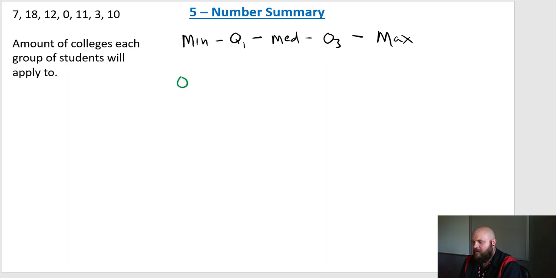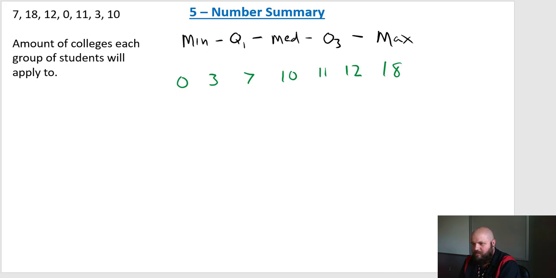We have a 3, we have a 7, we have a 10, and we have an 11, a 12, and we have an 18. So that should give us our 7 numbers there.